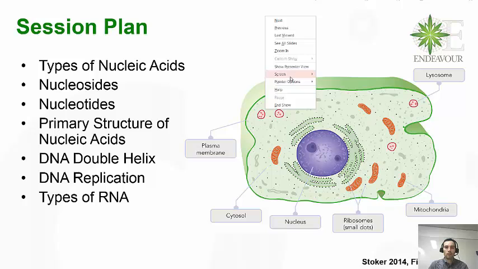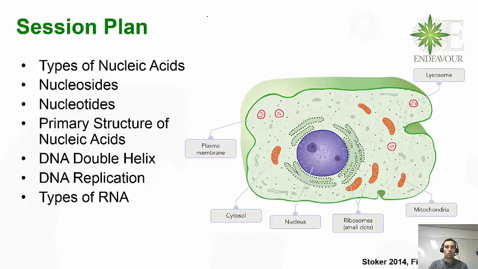There's actually many of these nucleotides within a stretch of DNA. Each piece of DNA will be made up of hundreds of different nucleotides, so we'll see what makes those up. That's basically what we describe as the primary structure of the nucleic acid.